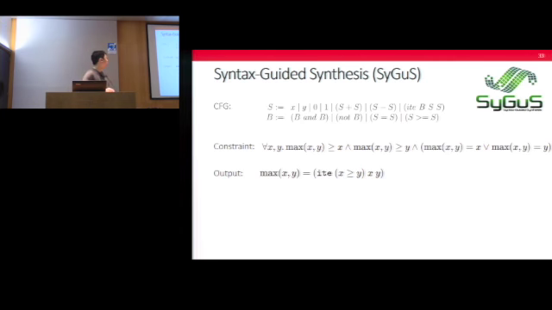from a function. The function should output either x or y, and then at last we expect the solver to give us the solution that max is a function that outputs x if x is greater than y, otherwise it outputs y.